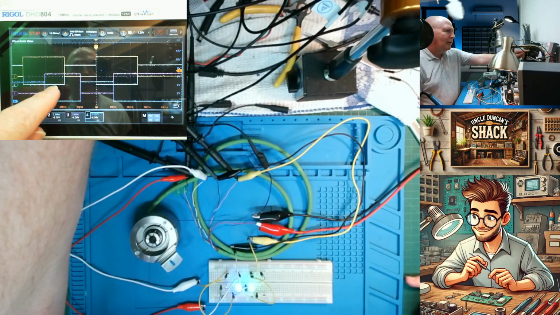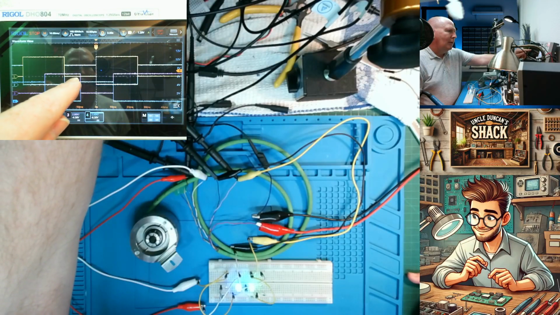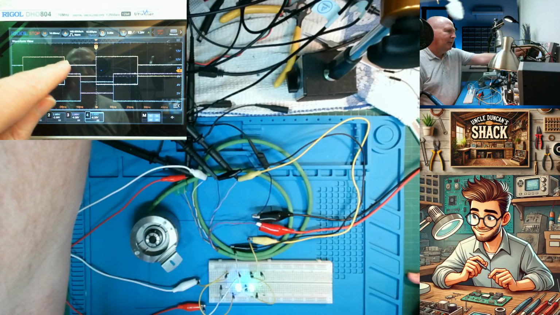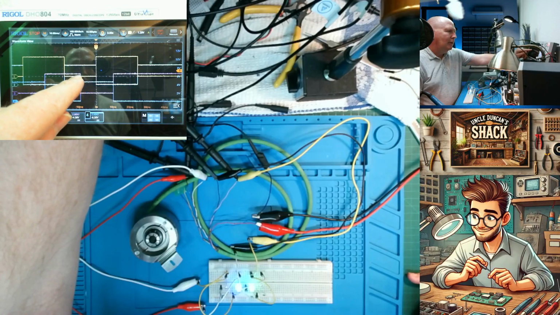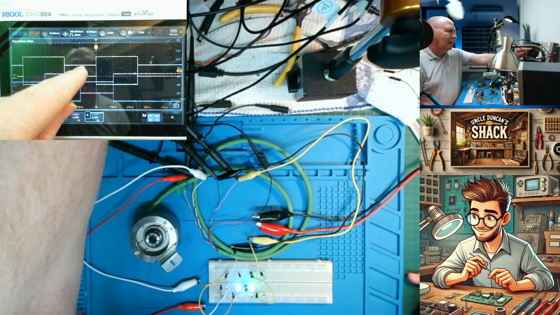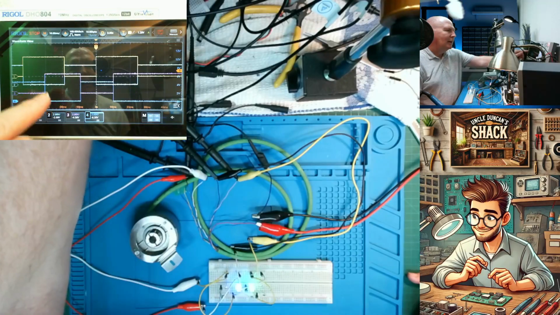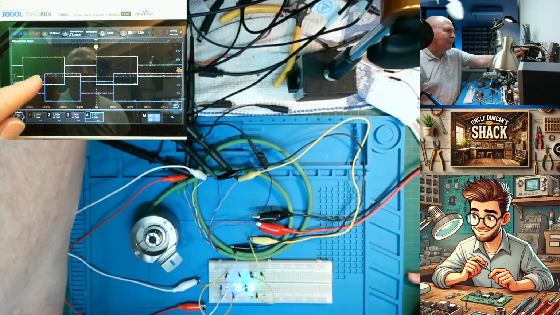And then in the opposite state, A is low and A naught is high, like that, okay? And the same with the B channel.